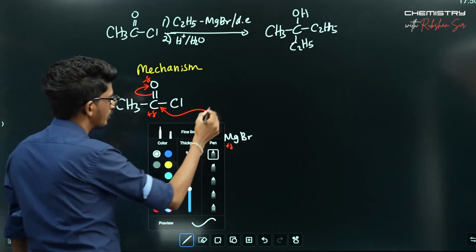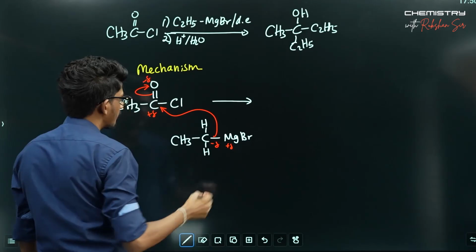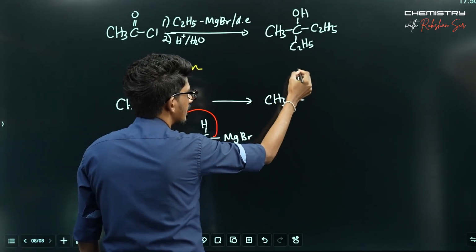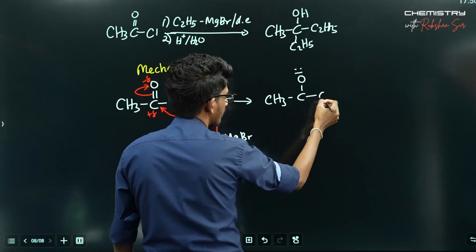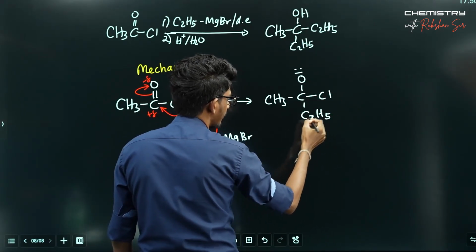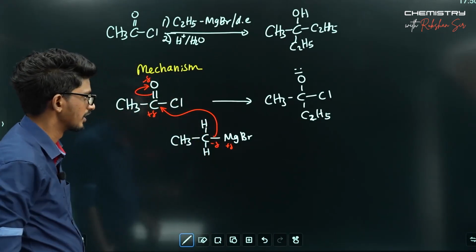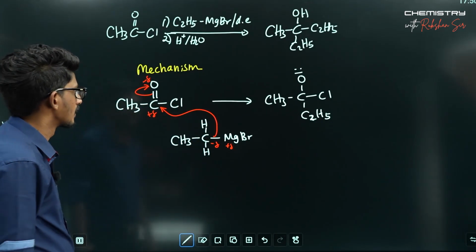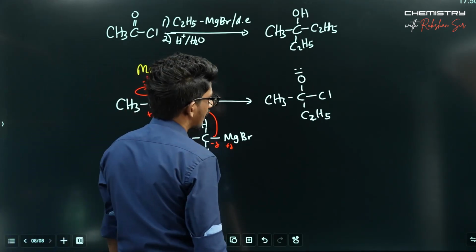So first you will produce this one. With that attack, you will produce this one. That carbon will connect, C2H5, you can write it as C2H5 even. Okay. Then what will happen?